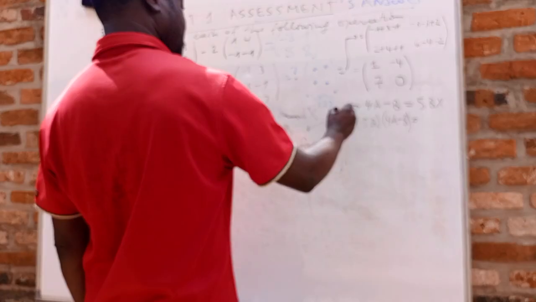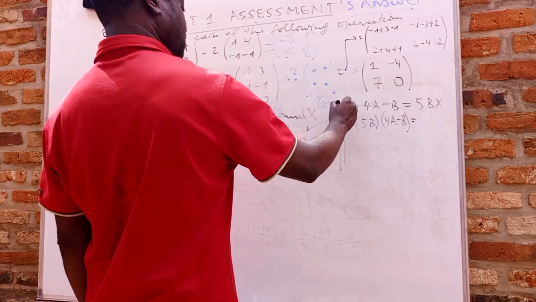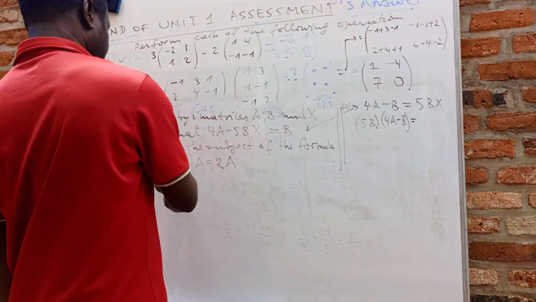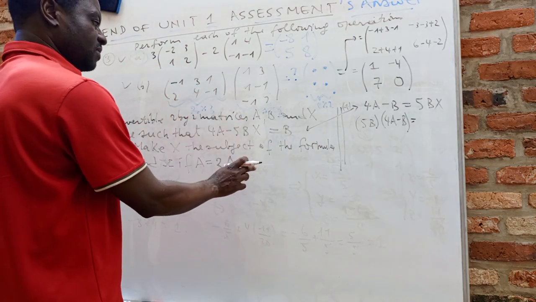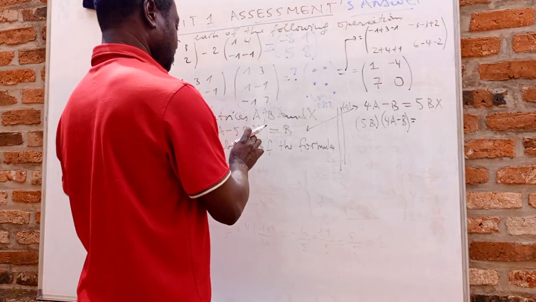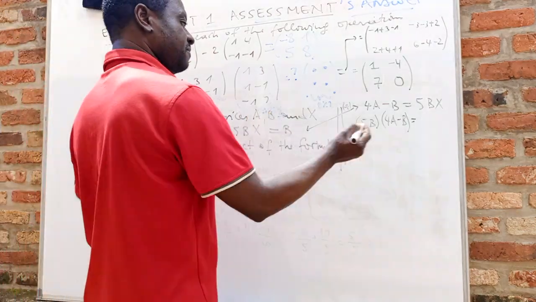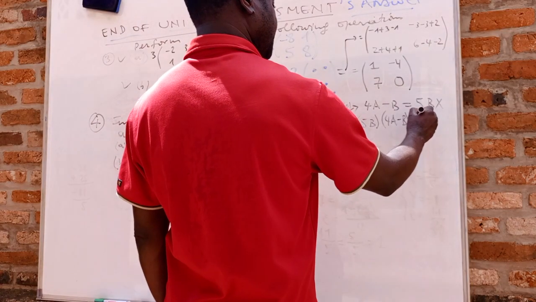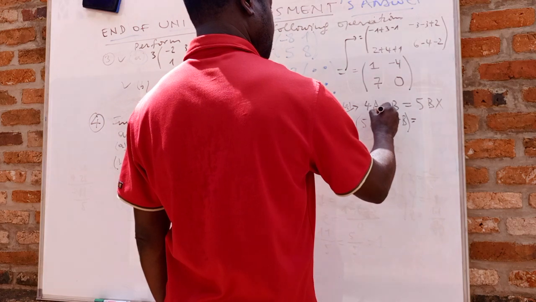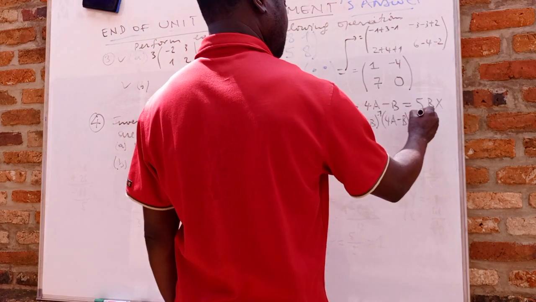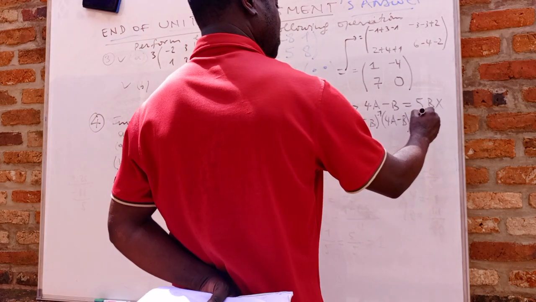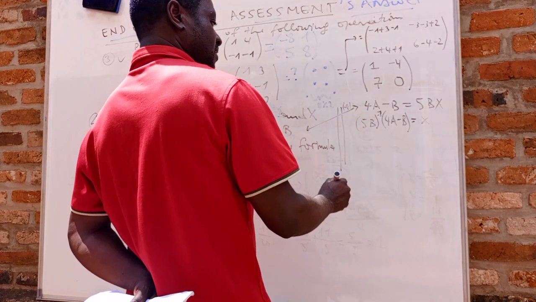Actually, we are looking for values of X as a function of the constant matrices like A and B. Then we have to multiply by the inverse on both sides. By doing so, we have the value of X.